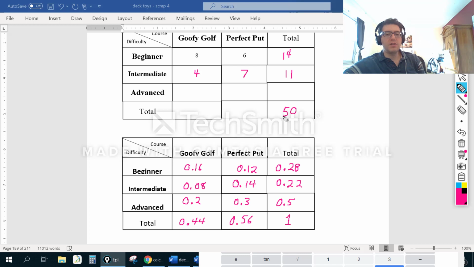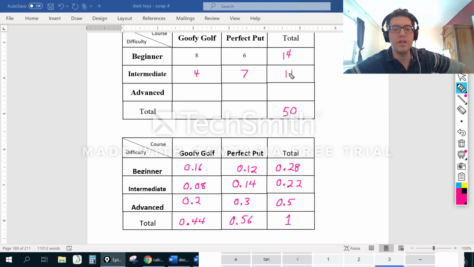So if I know that the grand total is 50, and I know that 22% of the 50 were intermediate holes, then how many intermediate holes were there? We just do 0.22 times 50, and that tells us there were 11 intermediate holes, okay? All right, 0.2 times 50 is 10, 0.3 times 50 is 15, 0.5 times 50 is 25, 0.44 times 50 is 22, 0.56 times 50 is 28.